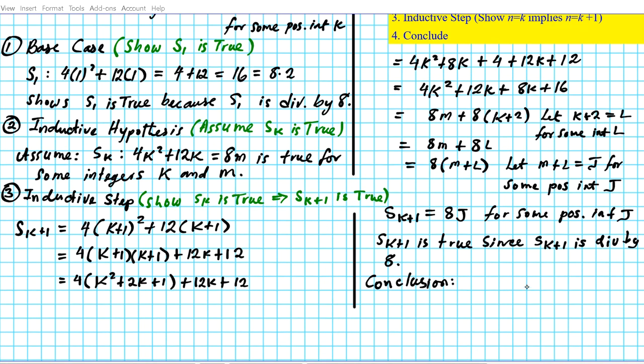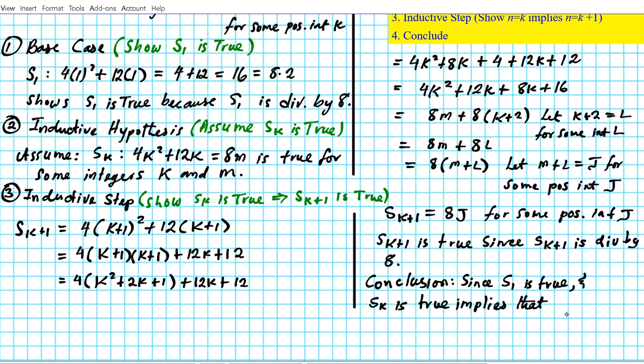All right, so in conclusion, since S of 1 is true, and S sub k is true implies that S sub k plus 1 is also true.